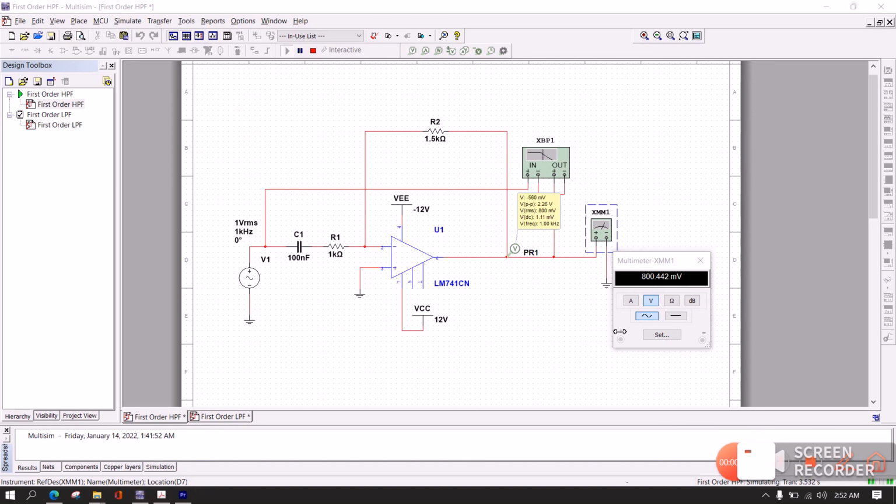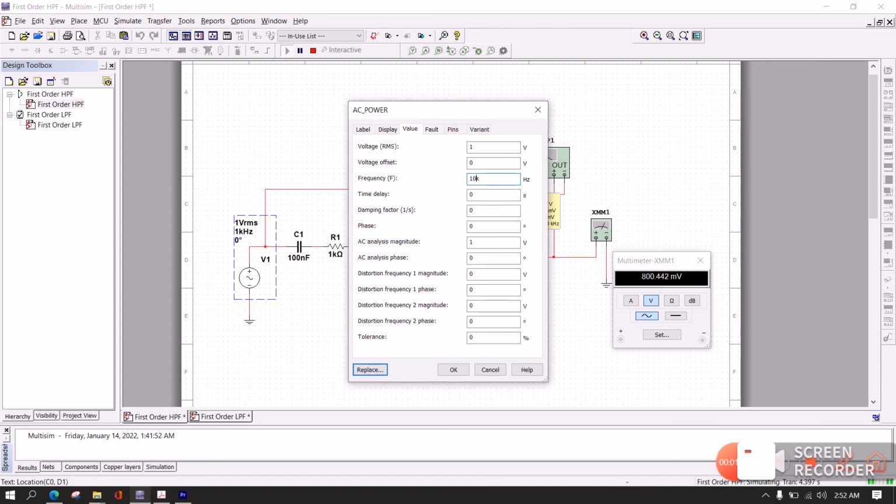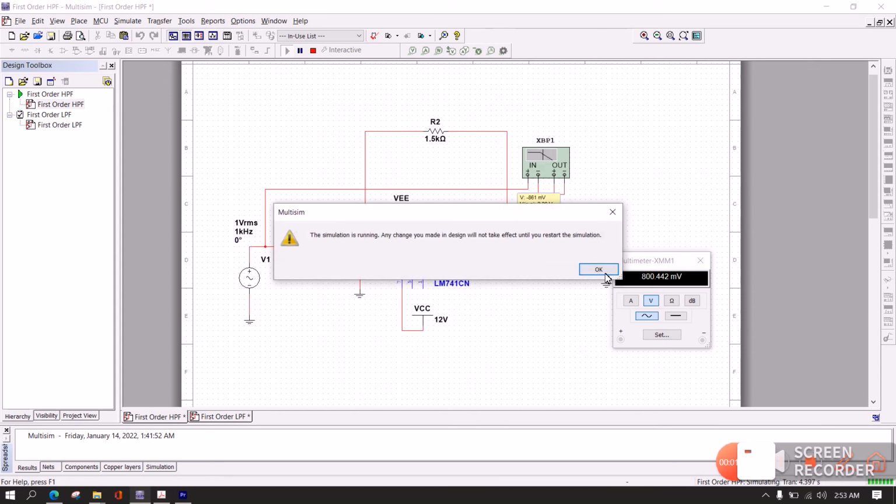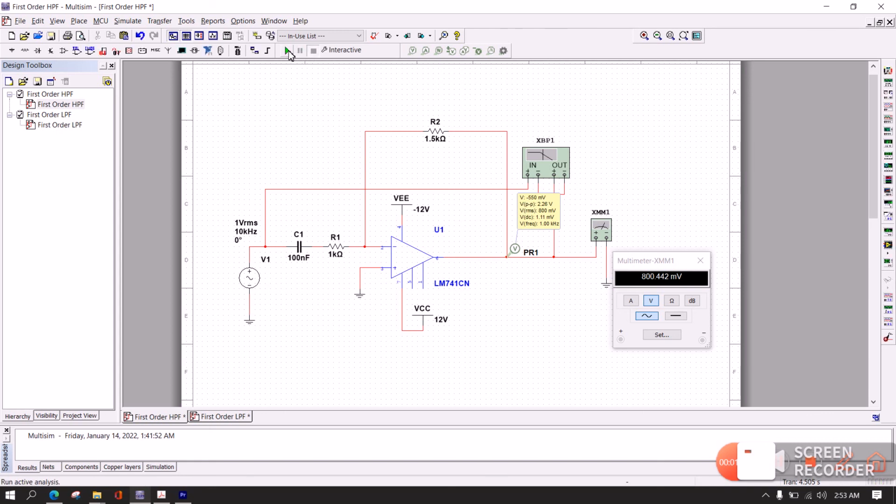But when we increase the input frequency to 10 kHz, it will increase to 1.485 volt. The result is vice versa to the low pass filter. It means the output voltage will increase when the input frequency increases.